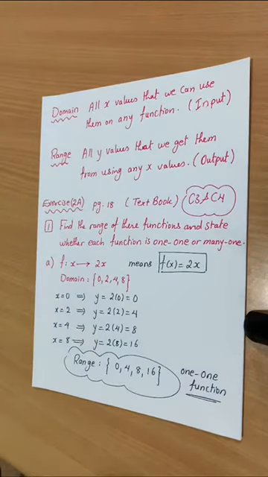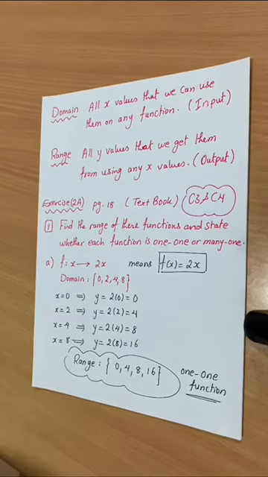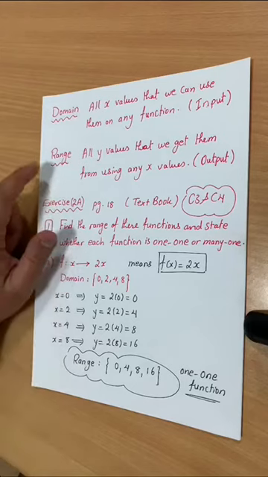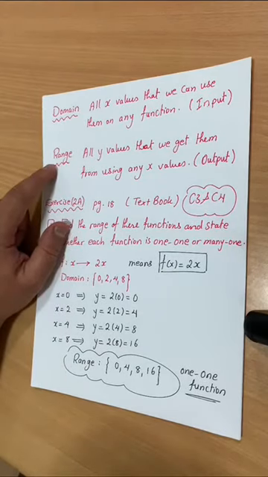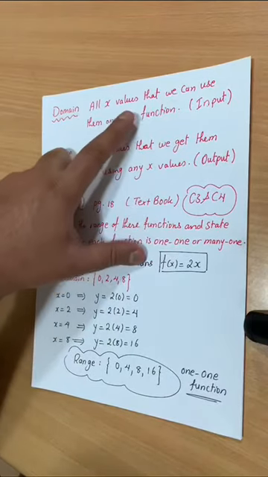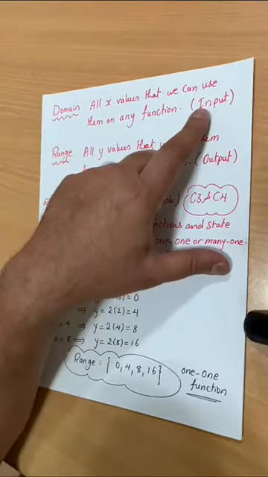We start on another point, which is x values and y values. Simply, we call the x values the domain and the y values the range. The domain is all x values that we can use in any function, and we can also call it input.